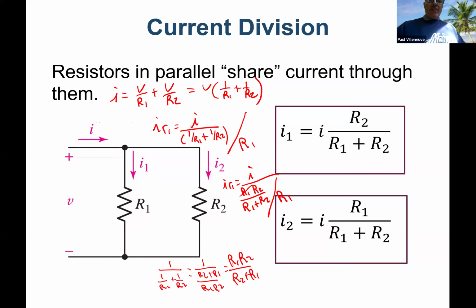The R1s will cancel, and I have R2 over R1 plus R2 times my value of I. So again, this only works if it's a parallel circuit and I know the current going into the parallel circuit. It's got to be a parallel circuit because that voltage is common amongst those two elements. Okay, so current divider is just, again, a specific application of Ohm's law.